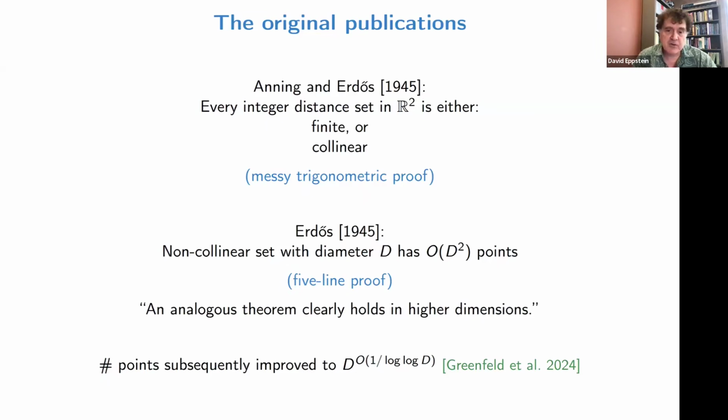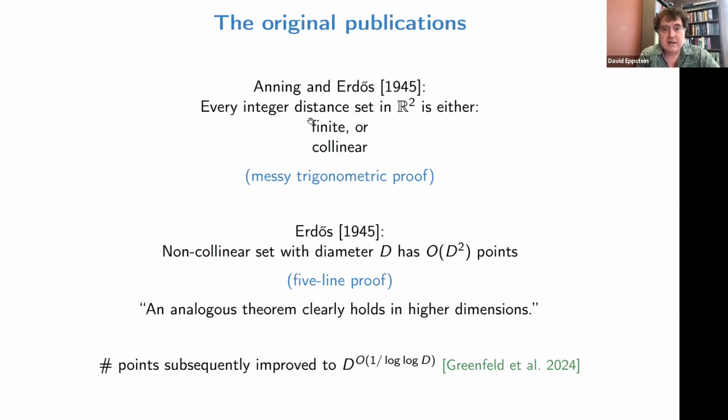That has since been improved to sublinear in d, but Erdős gave a 5-line proof. It's a very short, simple proof. He wrote that an analogous theorem holds in higher dimensions. He didn't specify any details. And so that is the proof that I'm going to start with. And this is the theorem that I'm going to be discussing.